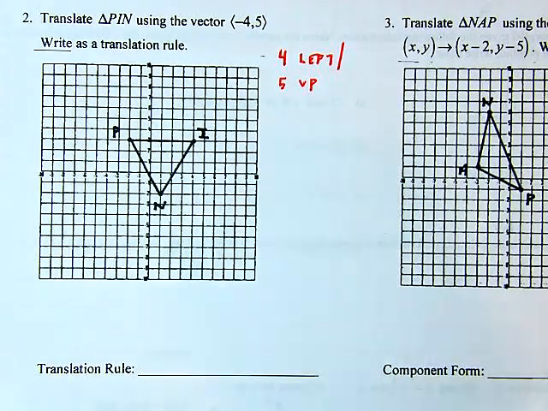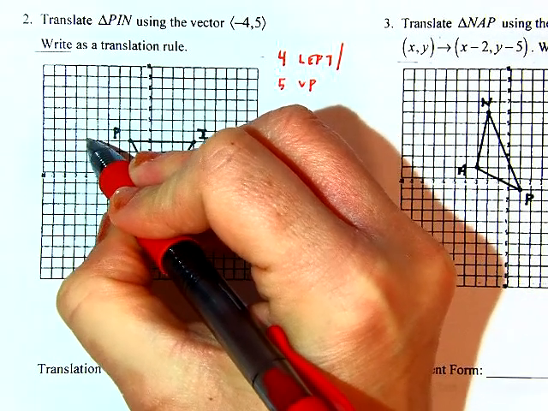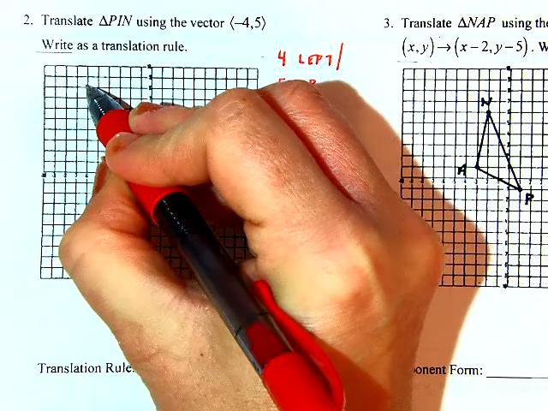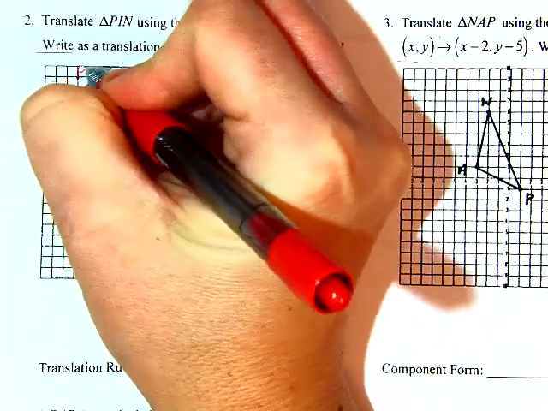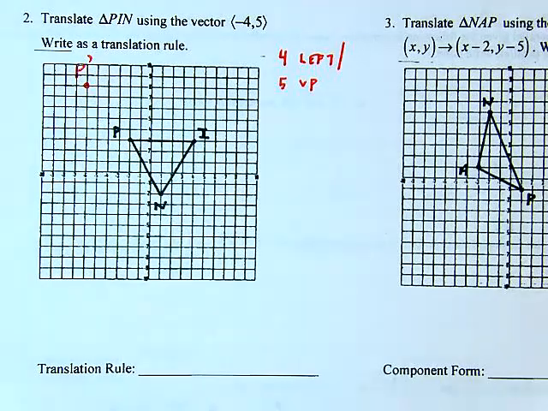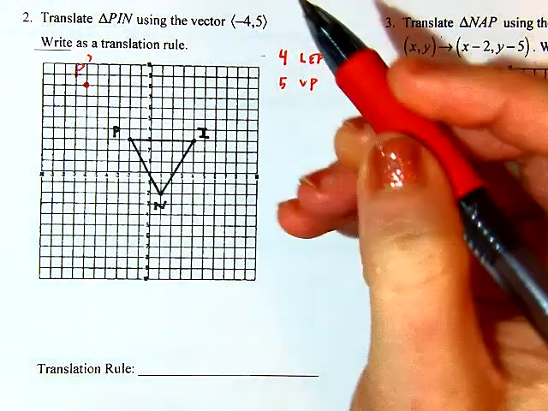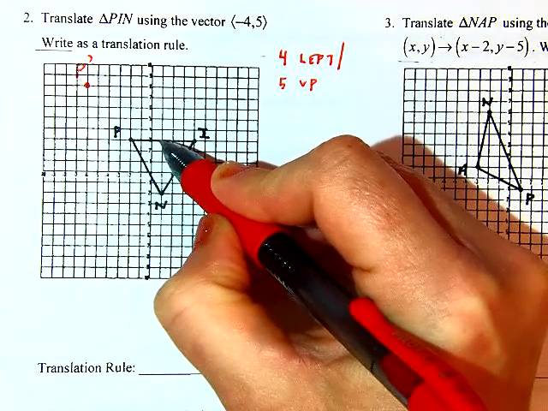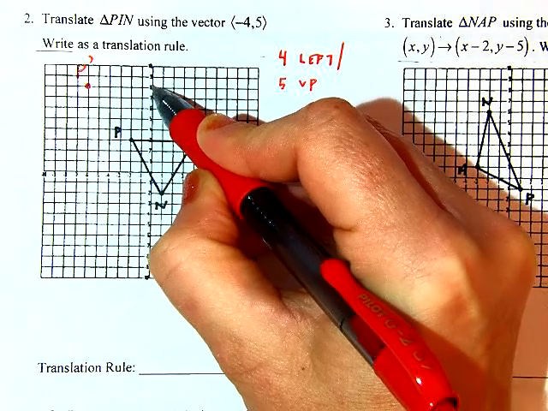Okay, so let's start with P. So 4 left, 1, 2, 3, 4, 5 up, 1, 2, 3, 4, 5. Okay, and my new P, I mark as P prime. It looks like an apostrophe, but it reads as prime. Okay, for I, same thing. 4 left, 1, 2, 3, 4, up 5, 1, 2, 3, 4, and 5.